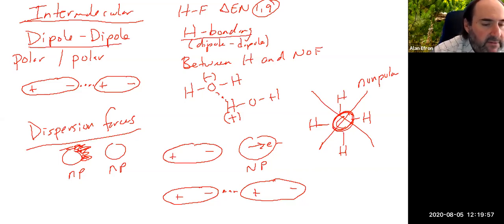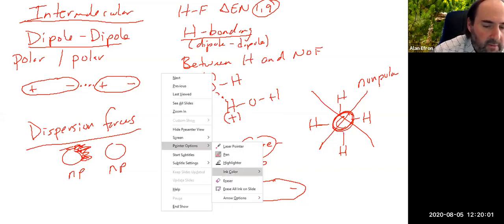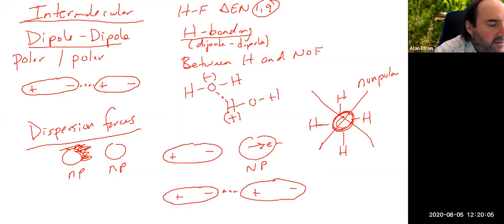And again, the difference between those is that when you have a polar molecule, it has a fixed positive side and negative side because it has a dipole moment, like we talked about in bonding. No matter what the situation is, if it's a polar molecule, it's good to go.